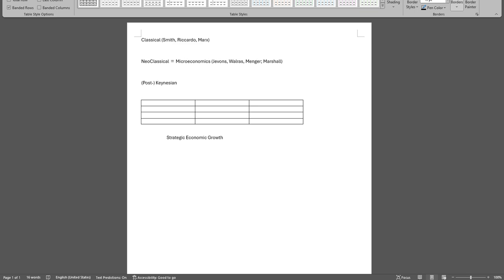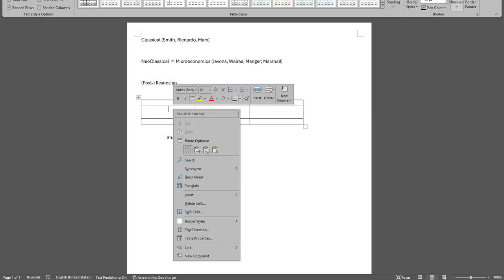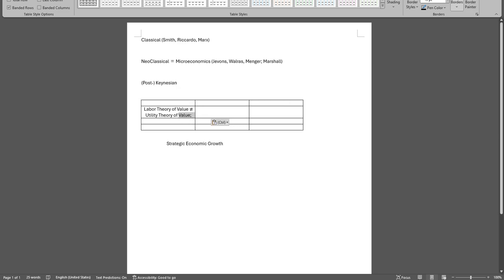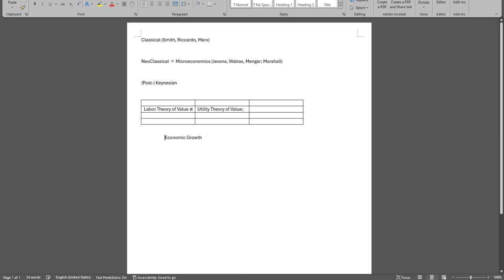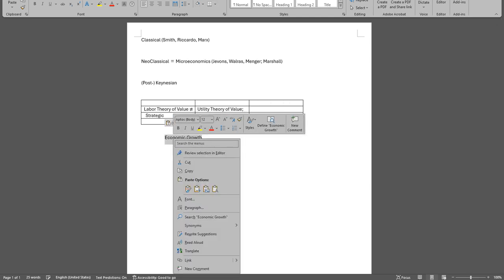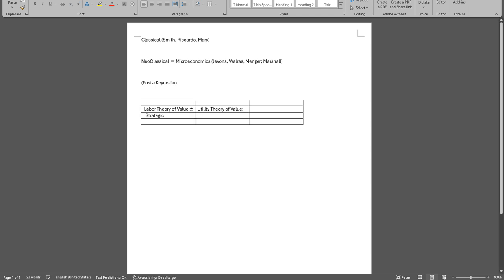The three at the top, we have here the classical school.